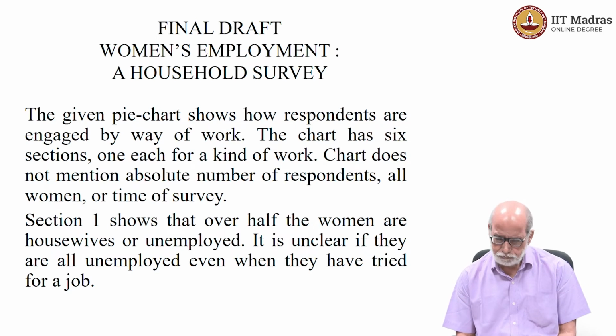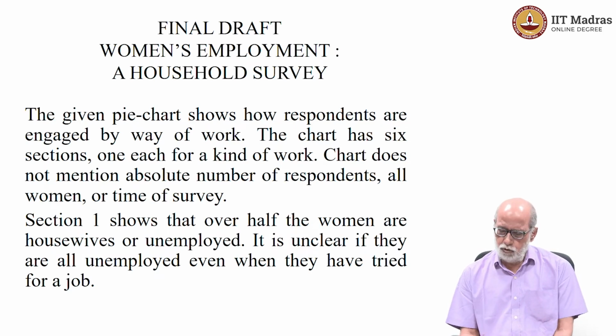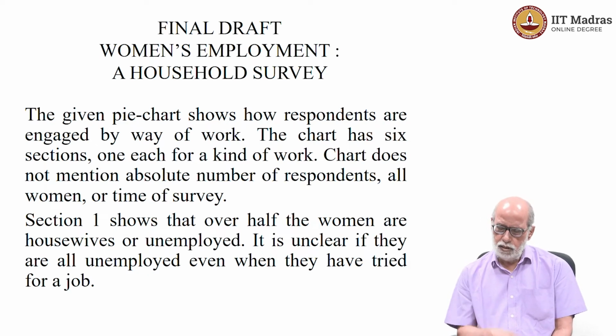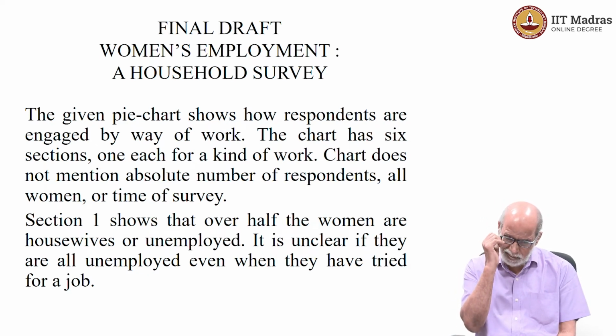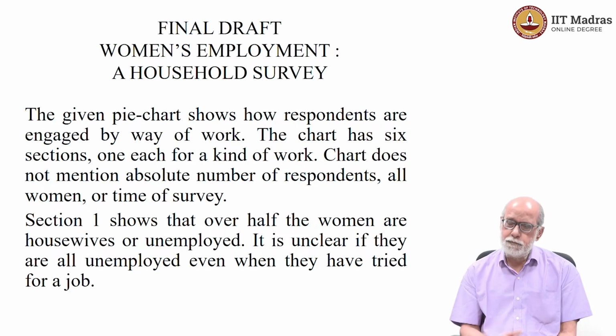All right. Then the chart has sections. If it is a pie, then the pie has sections. What are those sections? One each for a kind of work, or absence of work, and other categories: what kind of work and how many people.